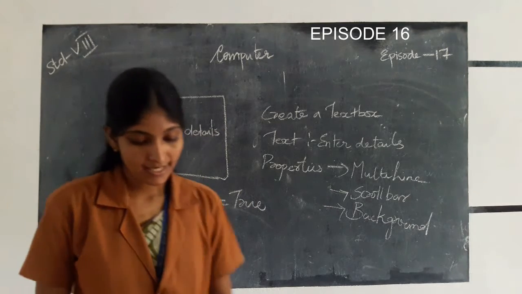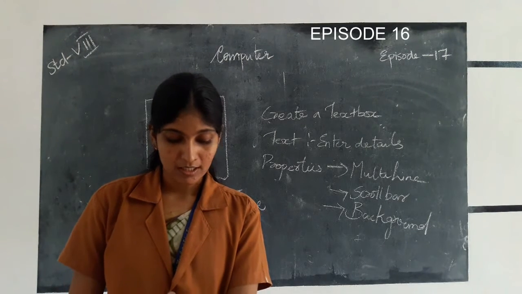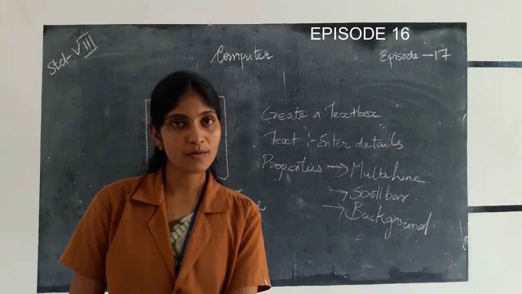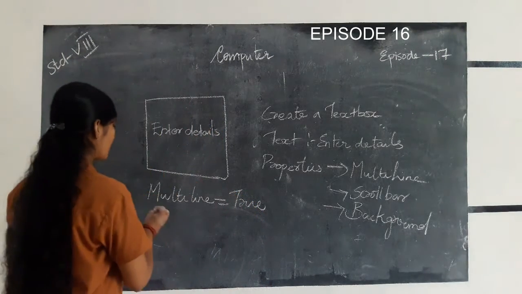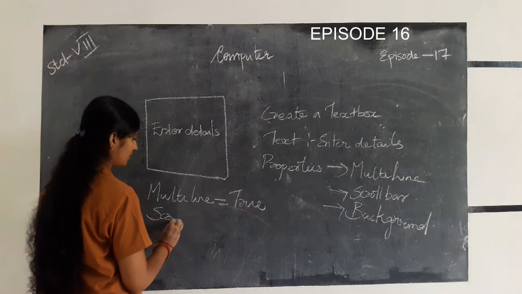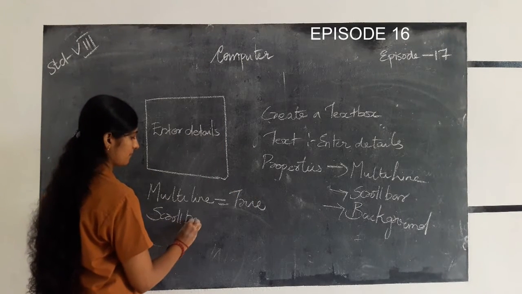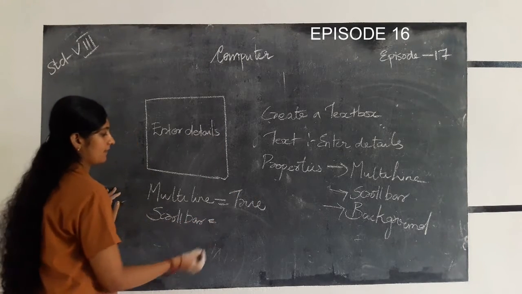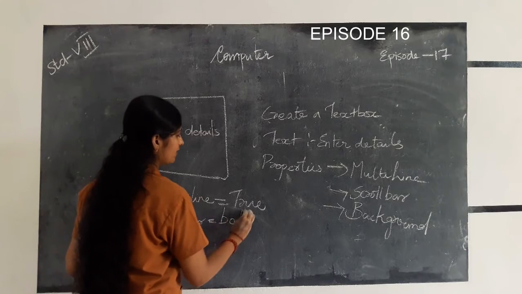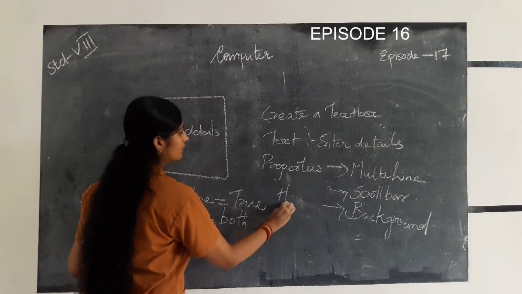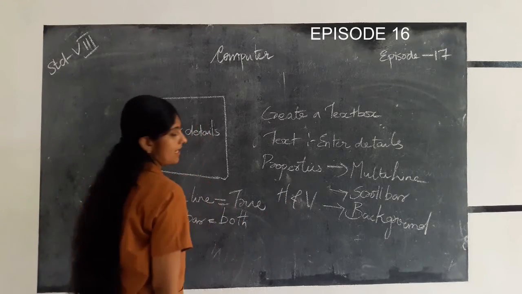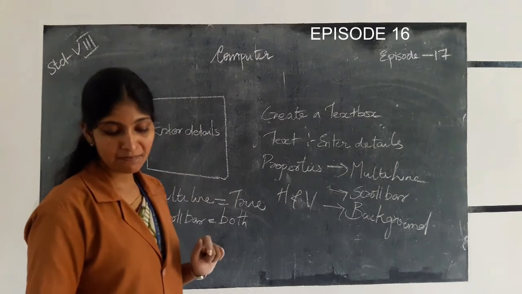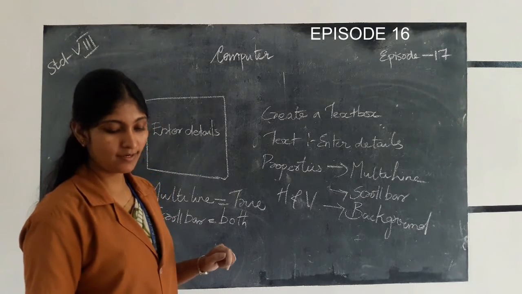Enter details. Then next step. Both scroll bars, horizontal and vertical. So scroll bar is equal to both. Both means horizontal and vertical. Then next step, the background of it should be light yellow.